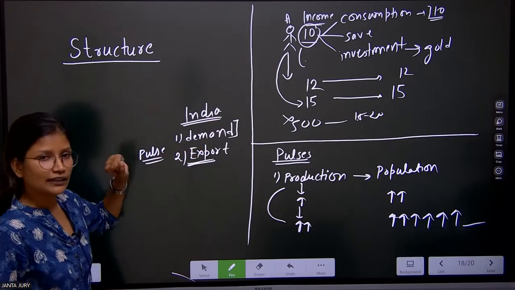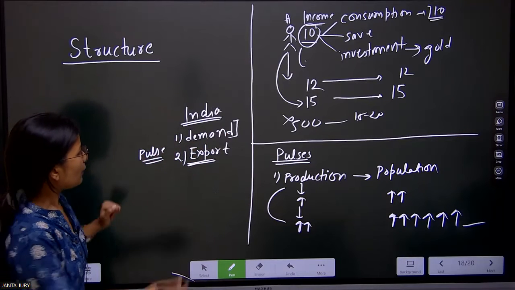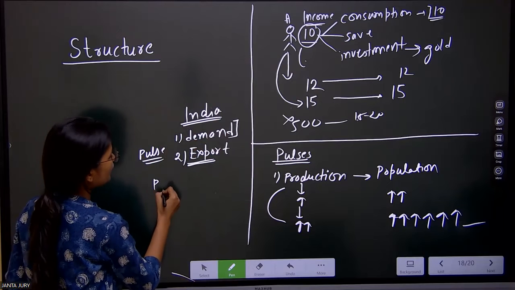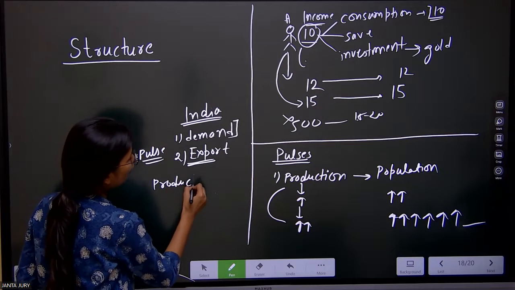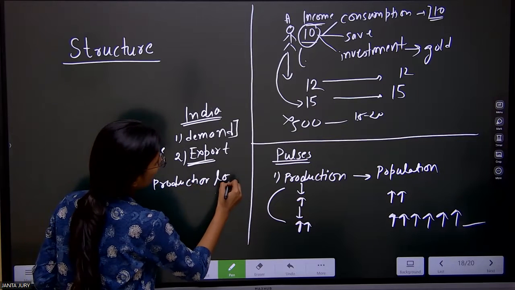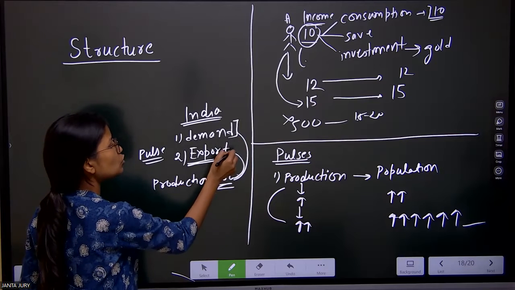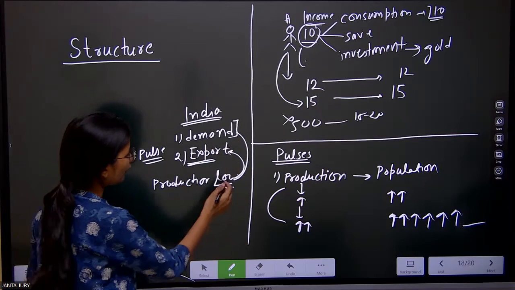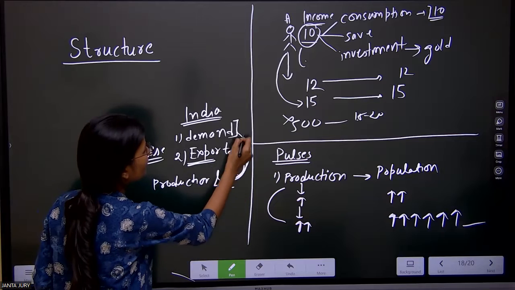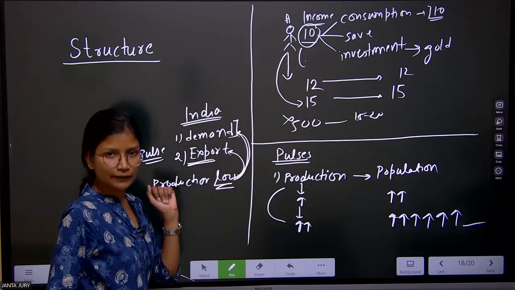This is what is happening with India. Our production is very low, and with this low production, we are unable to meet these two objectives. We are only able to meet this particular objective, and that too not fully.